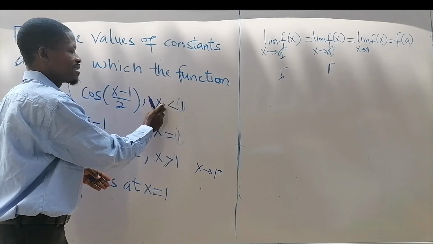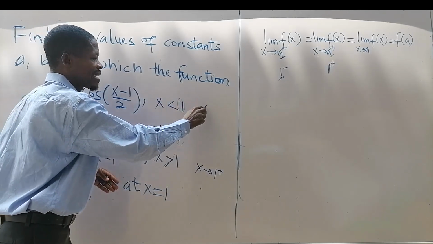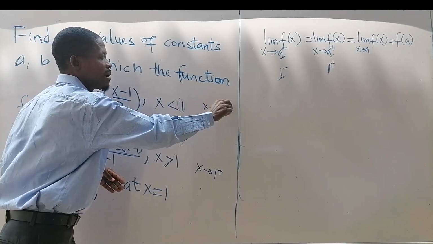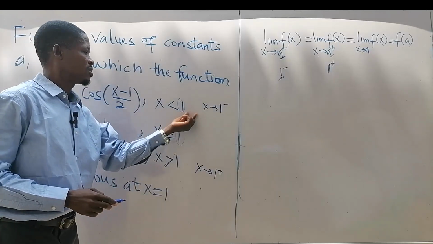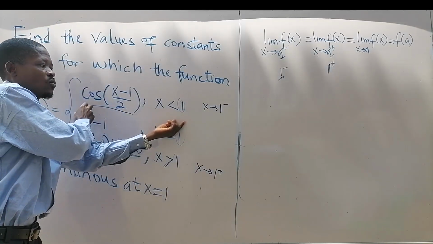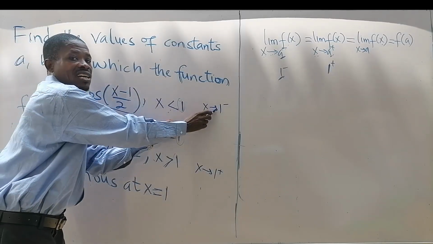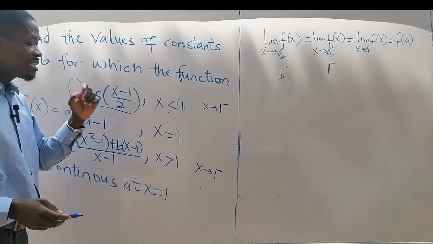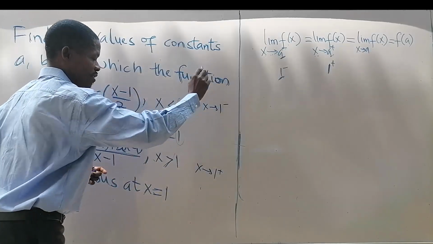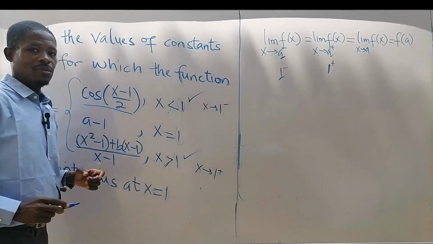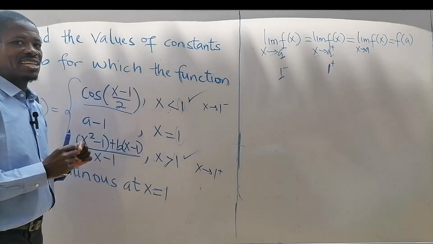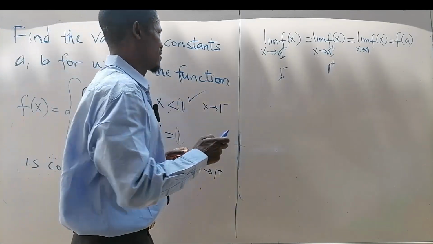Here x is less than 1, so we have x tends to 1 minus, and this is the function when x is less than 1. If the limit exists, the limit from this side and the limit from that side must be equal. So let's look at that.